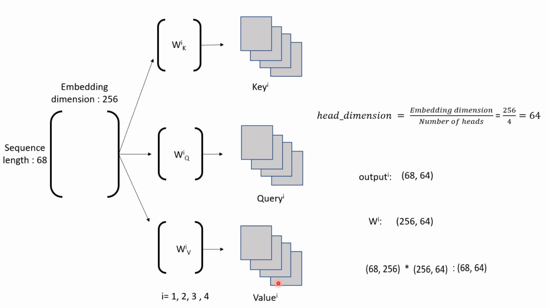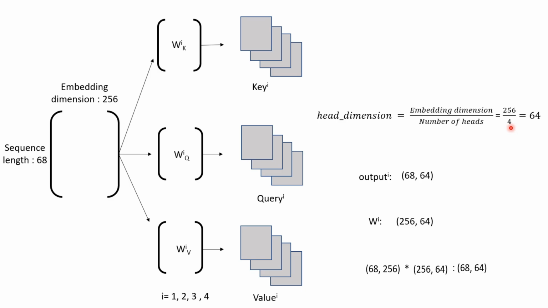Each mapping is designed to transform the input embeddings with shape of sequence length by embedding dimension into a shape of sequence length by head dimension. Here our head dimension is 64 for 4 heads.